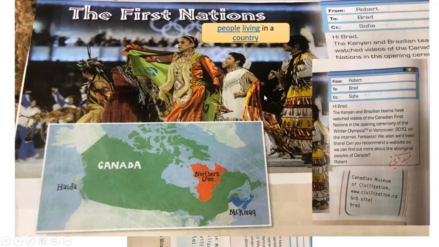If you go back, look at the photos. And there is a map. These pictures can tell us. If you look also at the title, what's the title? The First Nations, First People. This tells us it is about people who lived in the past. If you look at the photo also, we can see people here.